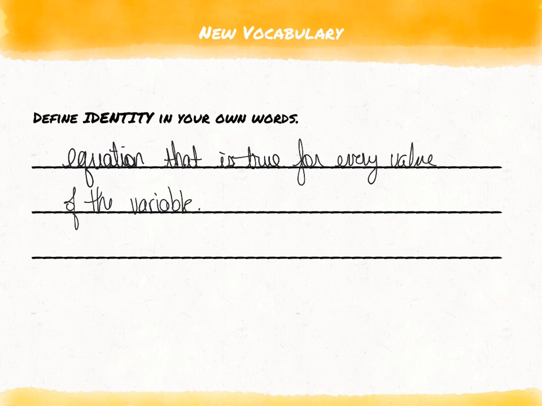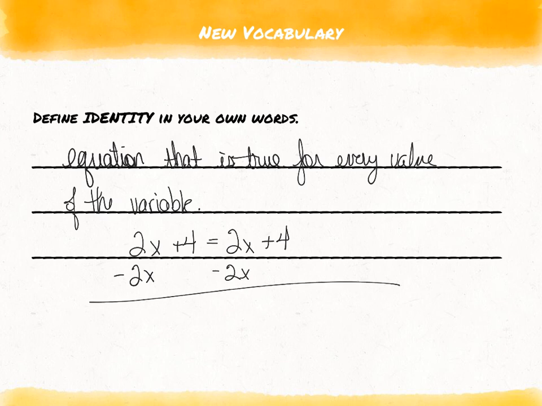An example of this would be 2x plus 4 equals 2x plus 4. If we were to subtract 2x from both sides, we would get that 4 equals 4. So no matter which value we assign to x, the equation will always be true.